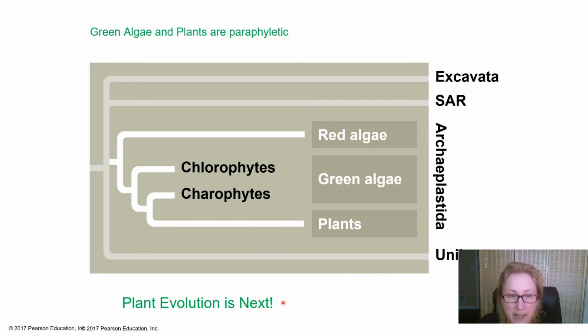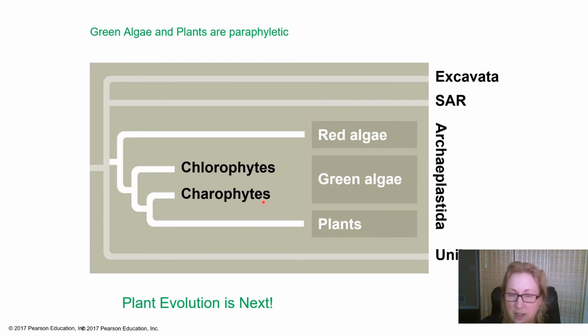So in the next section, chapter 29 and chapter 30, we're going to talk about the evolution of plants. And you'll notice here again, here's another paraphyletic group. We have the green algae, which includes many aquatic species, some of which, like the charophytes, are multicellular, and then the plants.